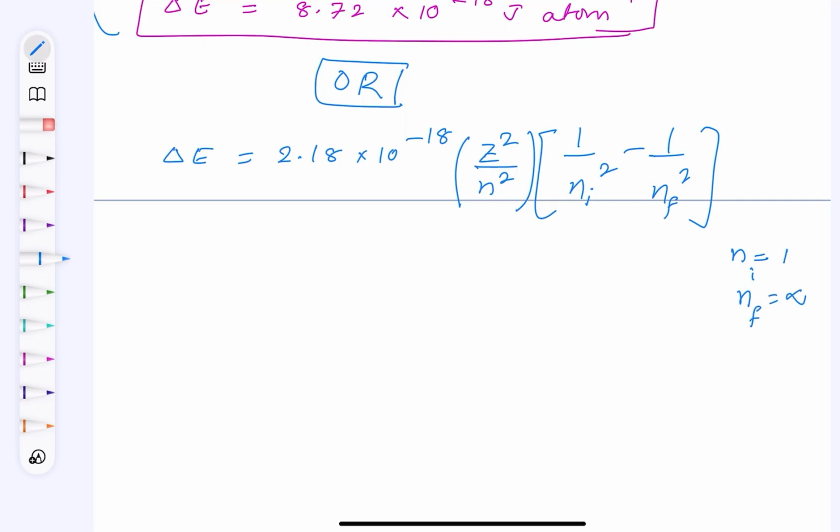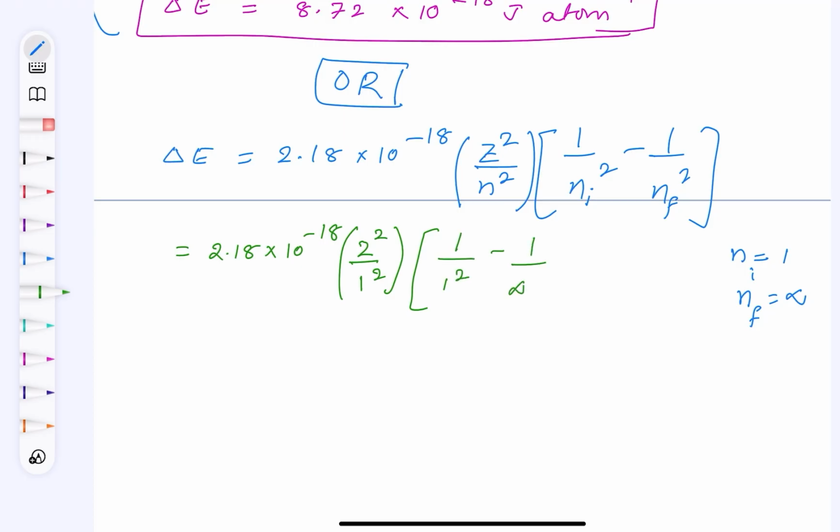So if you put in the values and solve, 2.18 into 10 to the power of minus 18, Z is the atomic number for helium, as we wish to find out for helium, it would be 2 square, and the electron is in the first orbit, so 1 square. And now here, as I told you, Ni value is 1, so 1 by 1 square minus 1 by infinity square.